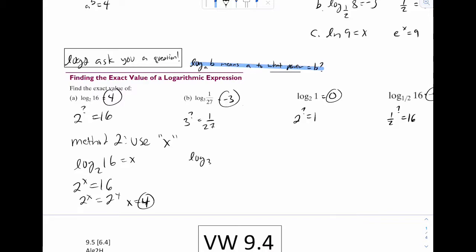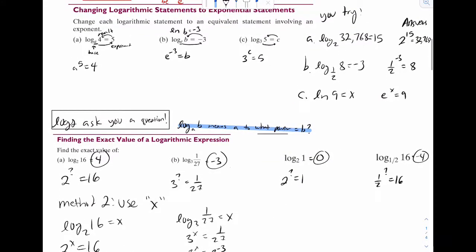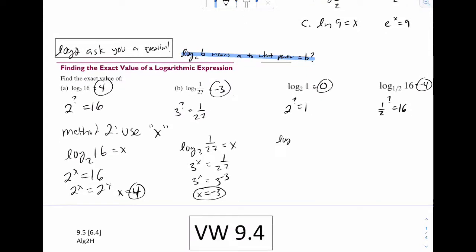Log base 3 of 1 over 27 equal to x. 3 to the x equals 1 over 27. And notice how it's just an algebraic way to understand what we've been doing. And I can do this for all of them, right? Oh, sorry, I should go back. Log base 2 of 1 is x. 2 to the x equals 1.